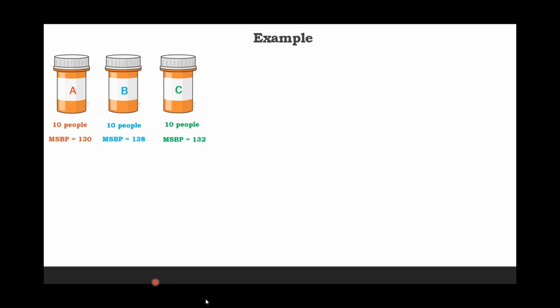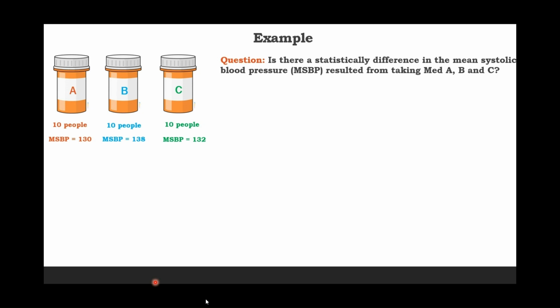As you can see, there's a difference between these mean systolic blood pressures. Now I want to know if these differences happened by chance or because of the medications. The ANOVA test will help me answer this question.